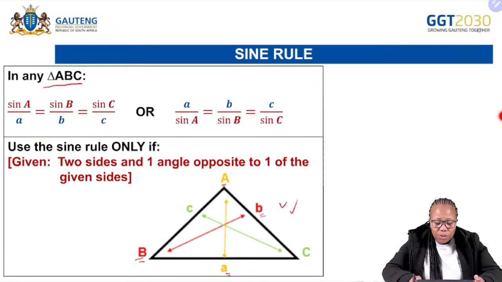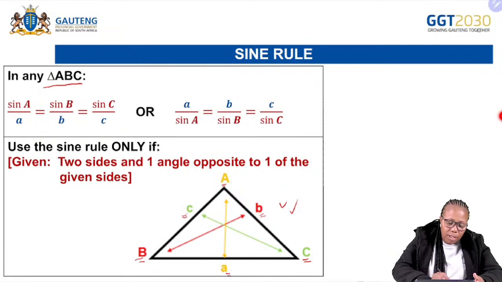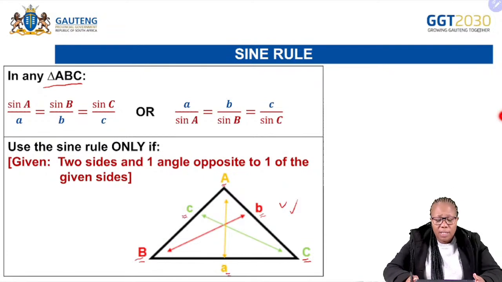That means we are talking about side AC, as you can see it is indicated by small letter b there. And when you talk about angle C, the side that is opposite angle C will be indicated by a small c there. Either you write it as A, B, or you choose to use C, grade 12. So basically this is the triangle we will be referring to.